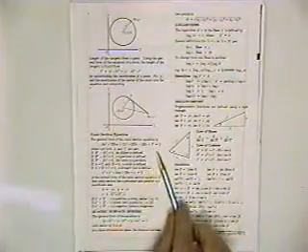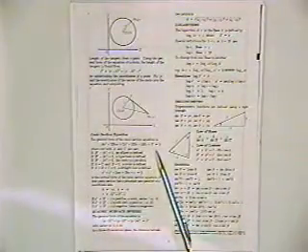Many times you run into equations that are second order, but you cannot tell immediately from looking at them whether they are a hyperbola, a parabola, a circle, or an ellipse.